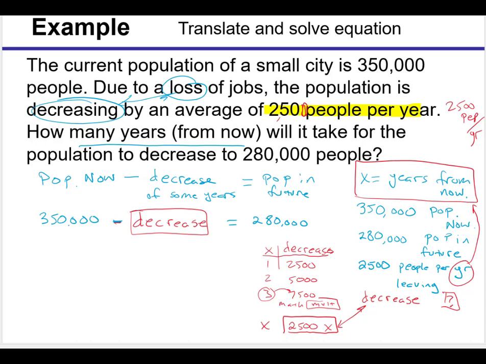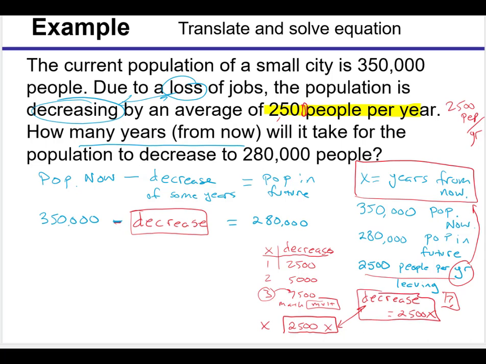Now, some of you might know right off the bat, oh, it's 2,500 per year, so I'm just going to multiply 2,500 per year. But some people don't quite see that right off the get-go, and so this little table trick might help you. So that gives me my formula for the decrease.